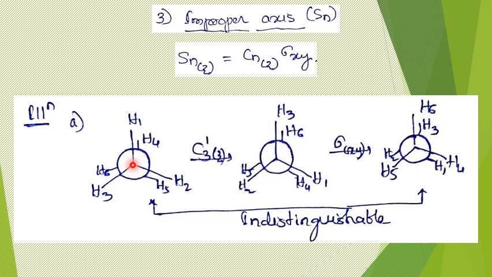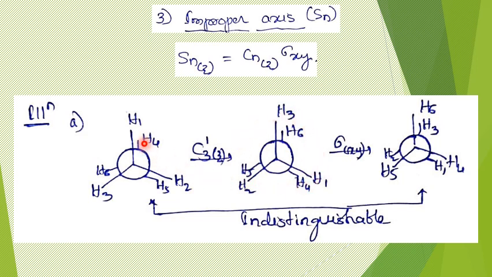Along the C-C bond, if we rotate the molecule by 120 degrees, C3 rotation, or C3 axis as mentioned here, so it should be a 120 degree rotation. If I perform that, as you can see here, H1 traces this path and occupies the H2 position. H2 by 120 degree rotation comes here to H3, and this H3 comes to this position. See, that's what you observe here. Clockwise rotation by 120 degrees results in this.